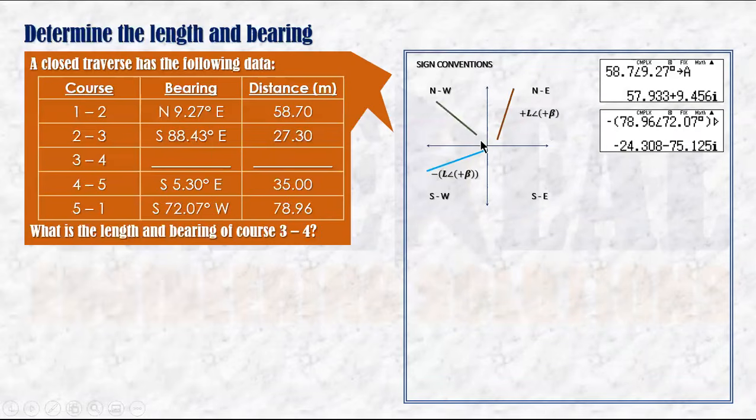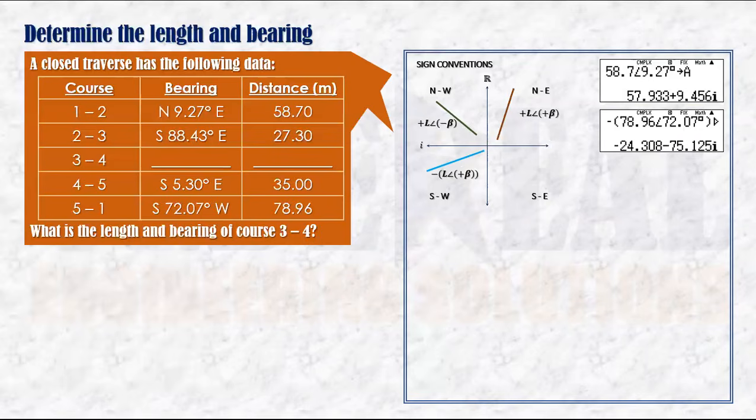Now, if it's northwest, what we're going to do is make the angle negative. So the length is positive, but the angle is negative. Here's why. Remember that for a complex number on an Argand diagram with the imaginary axis upward, the angle is always based on the real axis.